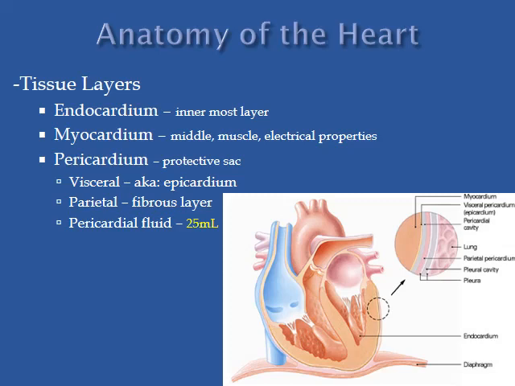Then you have a layer of pericardial fluid, 25 cc's of straw-like fluid. And then you have the parietal or the fibrous sac with this protective tissue. So that pericardial sac protects the heart.